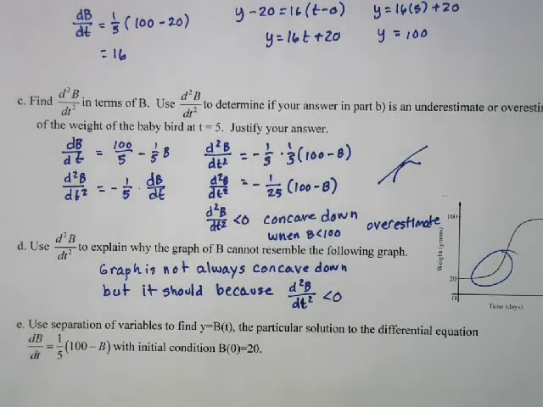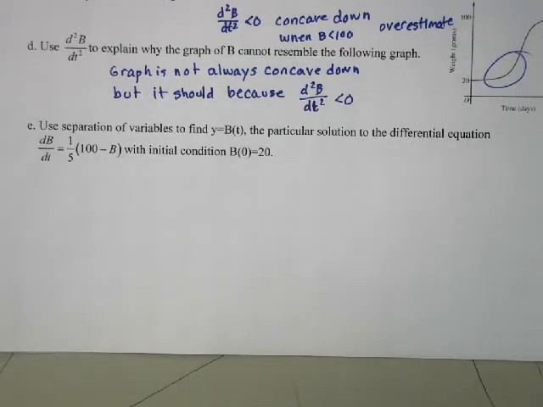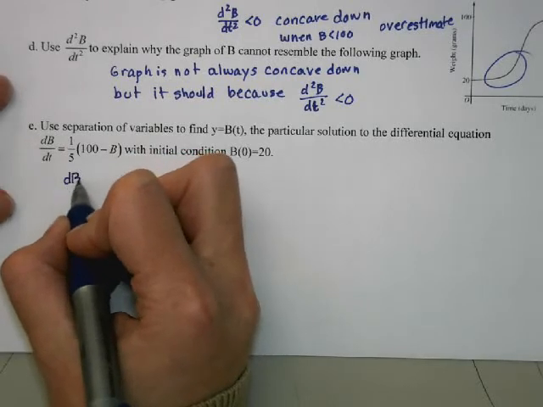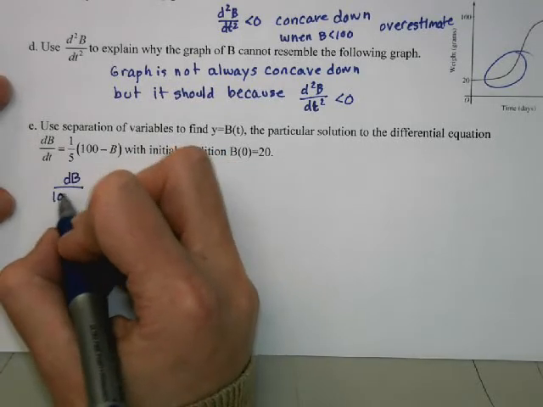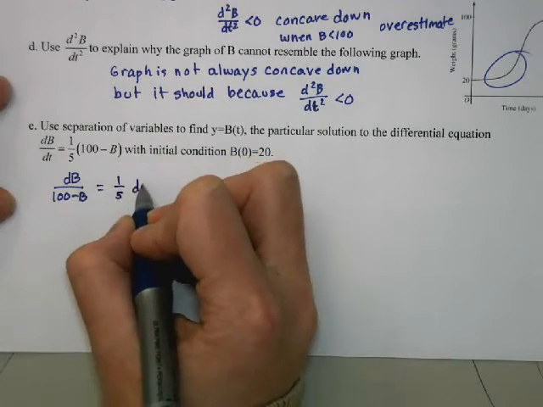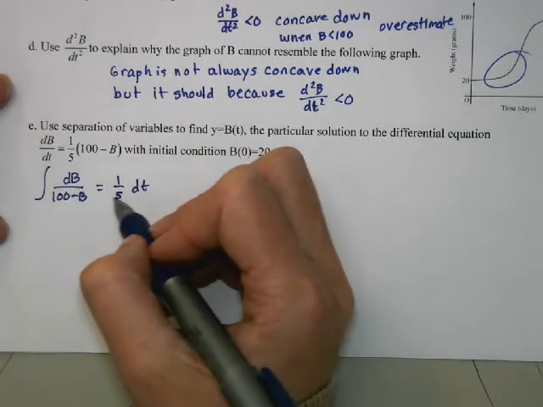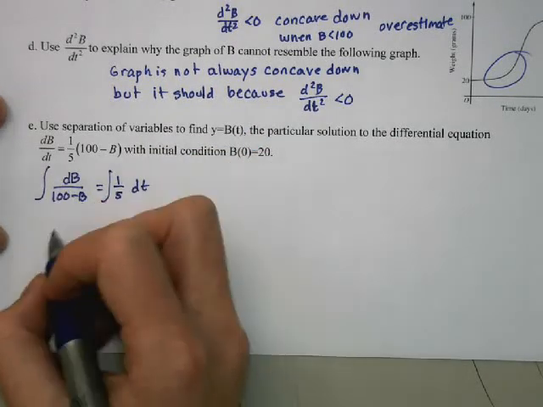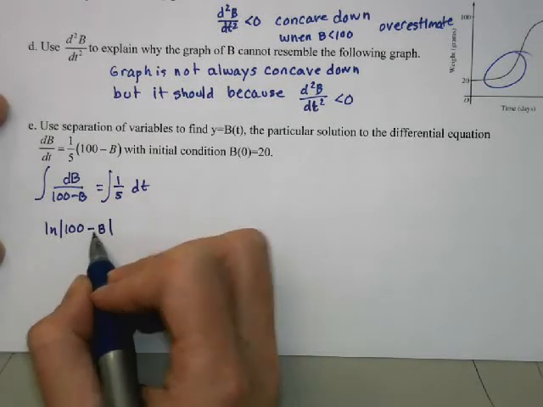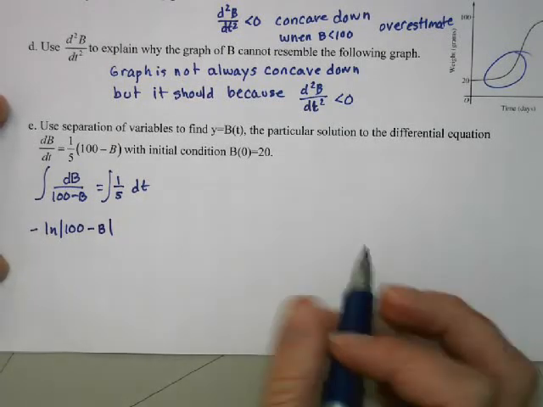All right, we've been dealing with the differential equation. Now we're actually going to solve this guy. So separate our variables. And we will integrate. So this one's going to be the natural log of 100 minus b, but because that's negative, using the chain rule, we need a negative, is going to be 1/5 t.